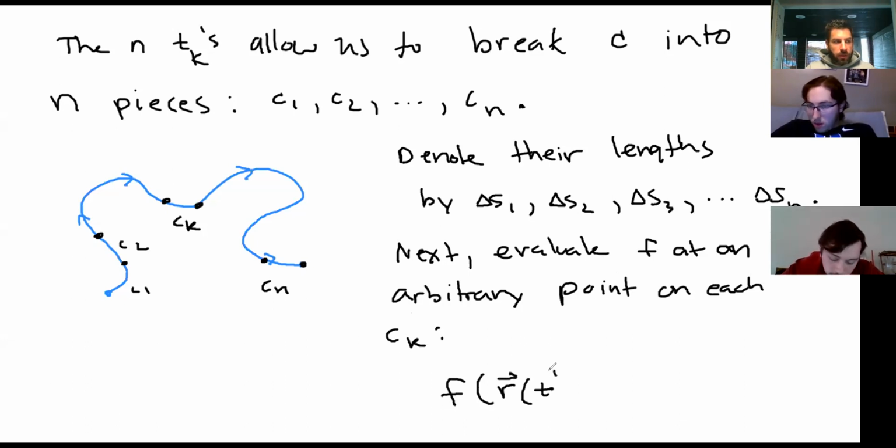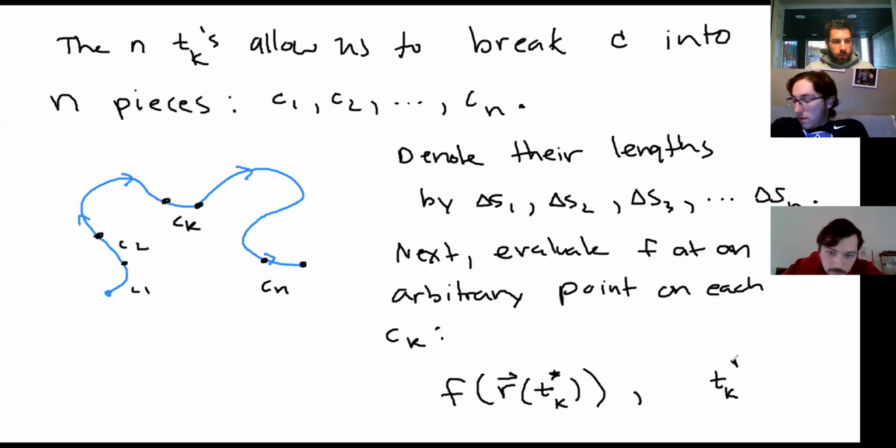How we did that in the past is we used this asterisk. You could go all the way back to Calc 1. Where t sub k star is any point less than t sub k plus 1.